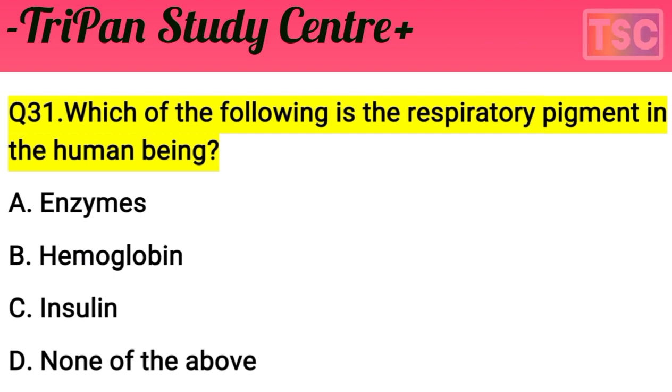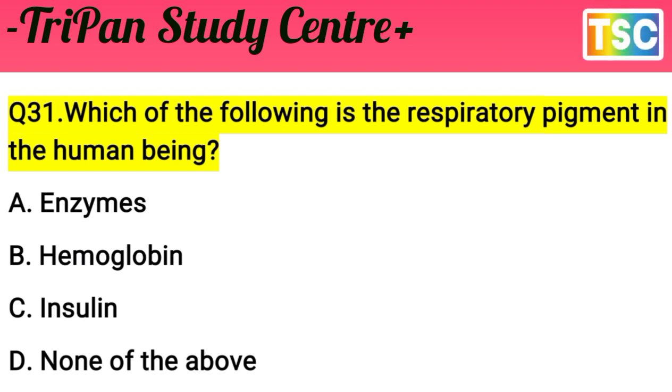Question here. Which of the following is the respiratory pigment in the human being? A. Enzymes, B. Hemoglobin, C. Insulin, and D. None of the above.